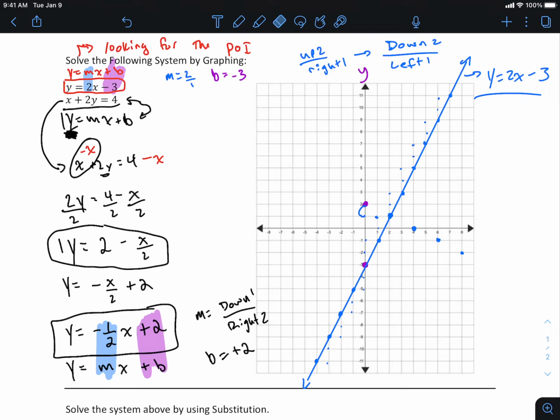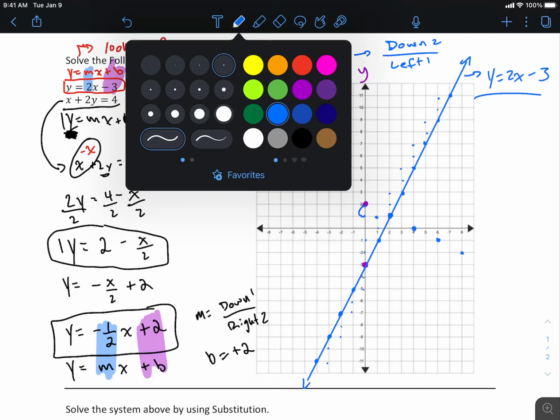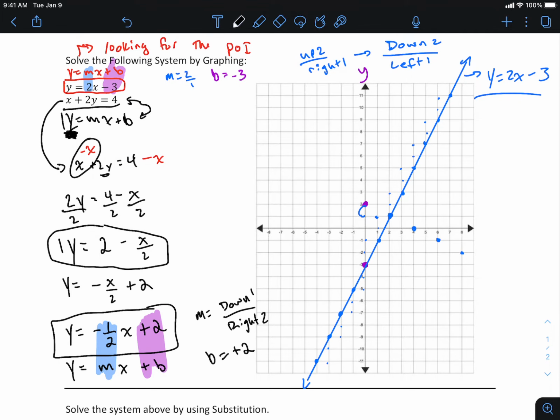So here's what we see. I can connect these dots on this line. Maybe I'll draw it in black so we can see the difference in the two lines. Okay? And I'm just going to say, to illustrate a point, we went through all of this process to get it to something that we could actually use.